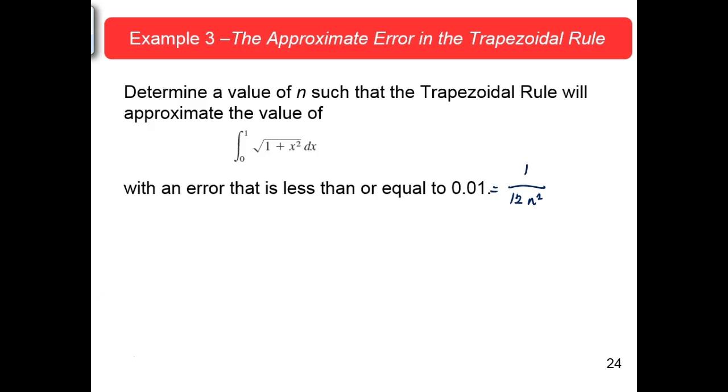Now, the other thing we need is the maximum second derivative of this function on the interval 0 to 1. So let's do that. I don't like taking derivatives of radicals. So how would I write that function?